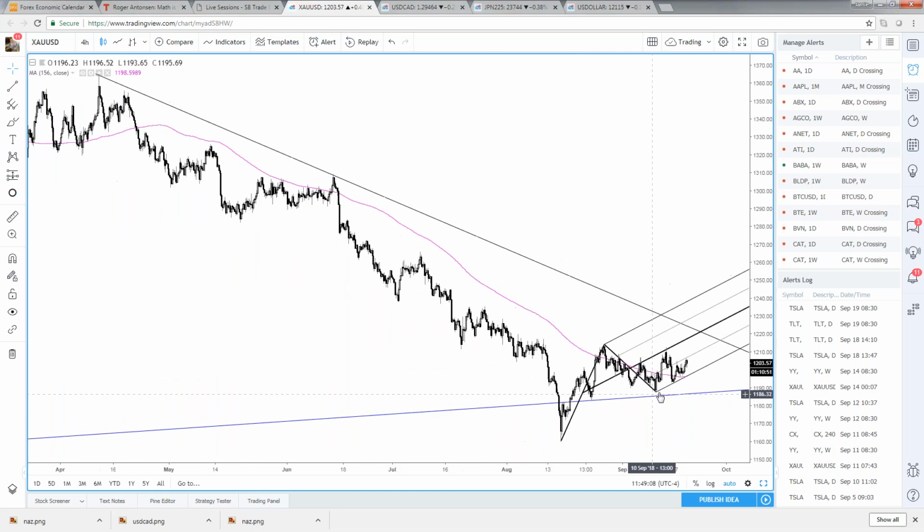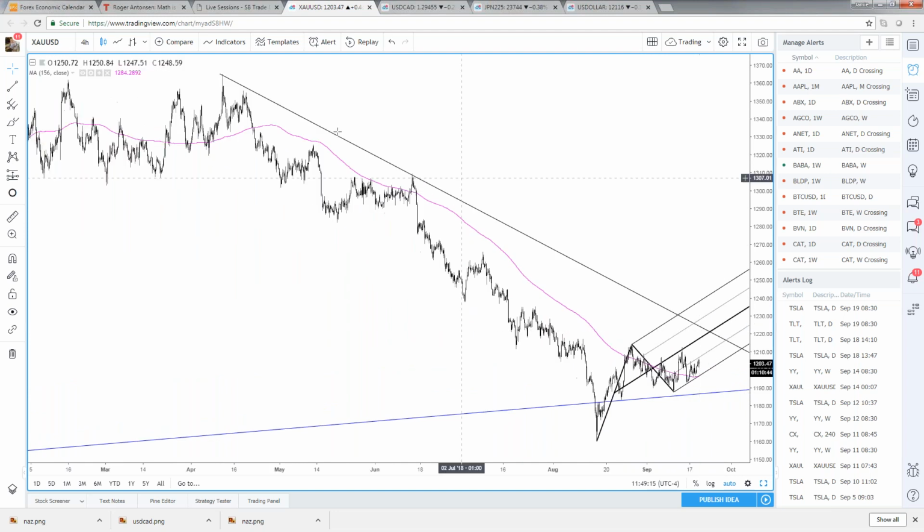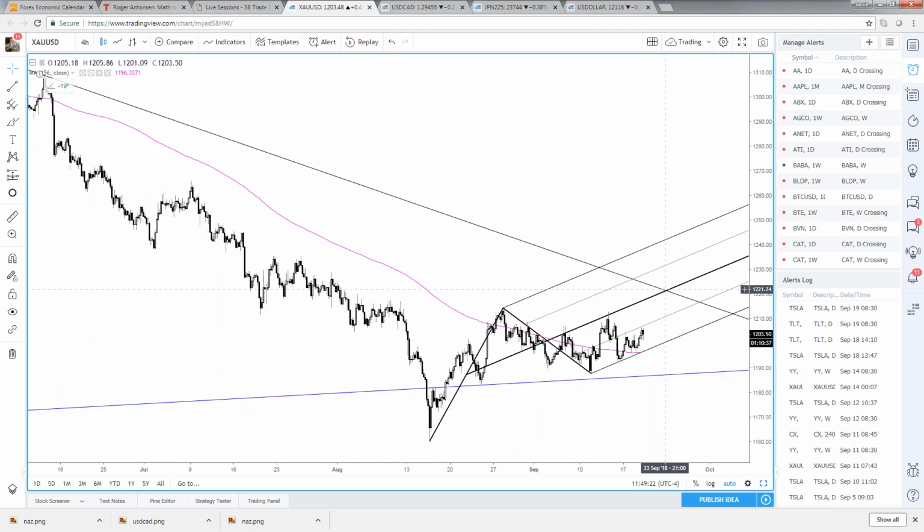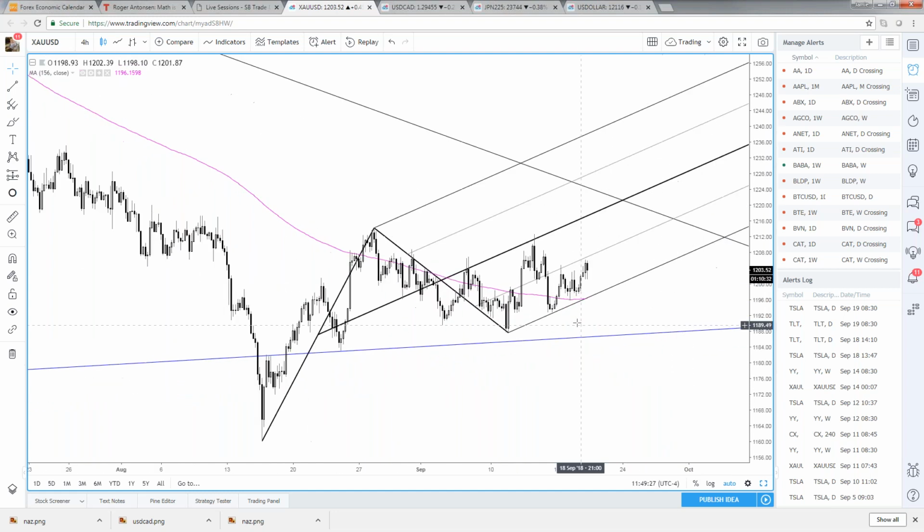You get above 1221.50, we'll say, to be conservative, which is the trend line from back in April, right? April and June highs. You get above that, which would also be the median line, then you're in really bullish territory, okay? So I'm constructive gold.